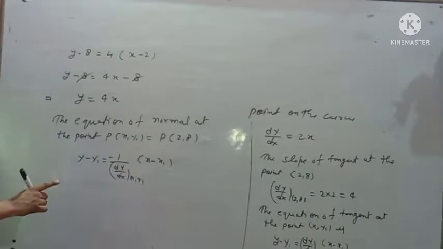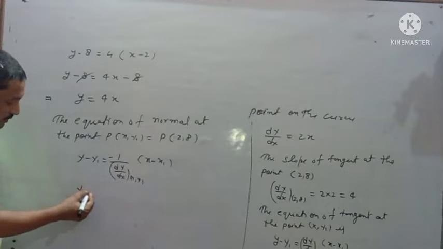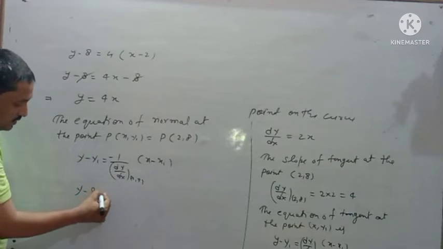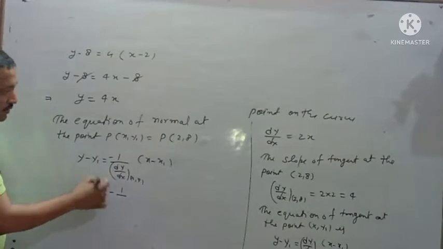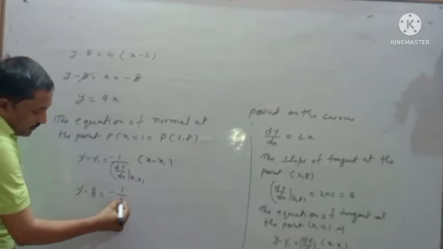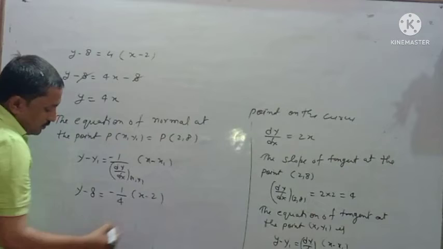Put the values of x1, y1 and dy by dx, we get y minus 8 is equal to minus 1 upon 4 times x minus 2.